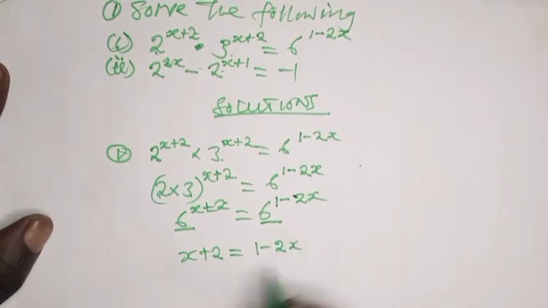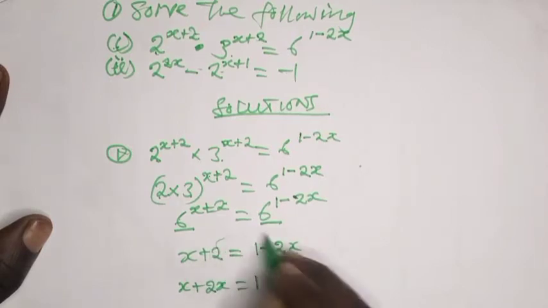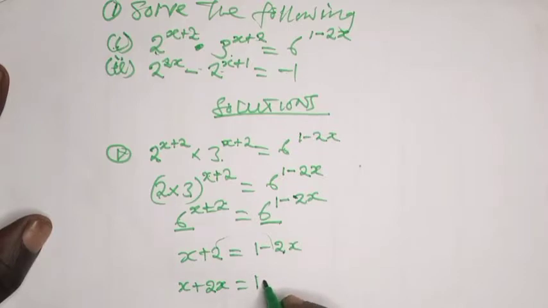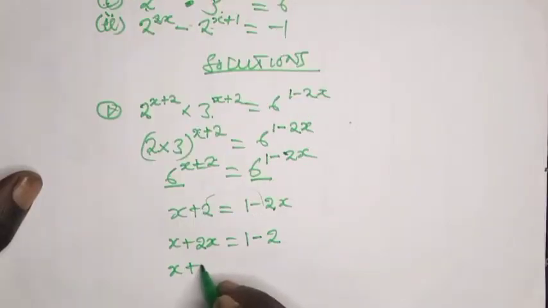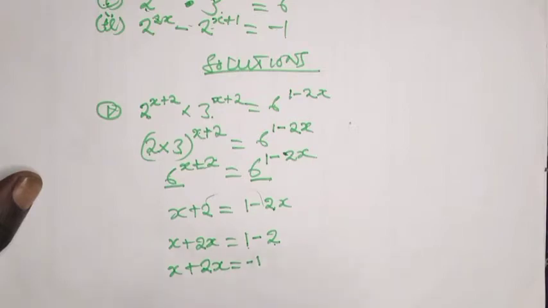Then here we are going to collect the like terms. As you can see, this one, when it comes here, it will be x plus 2x equals 1. When this one goes to the other side, it will be minus 2. Then x plus 2x equals 1 minus 2, which is minus 1 because we are subtracting from a smaller number.